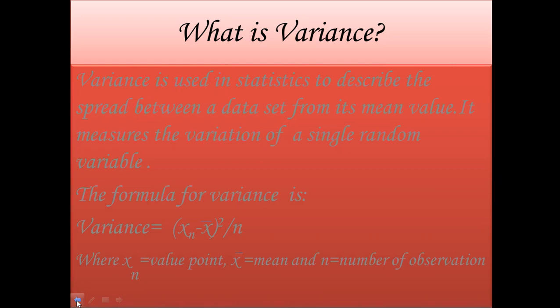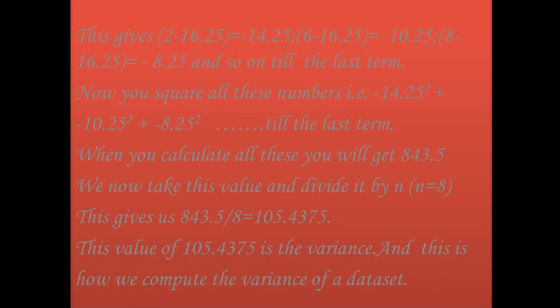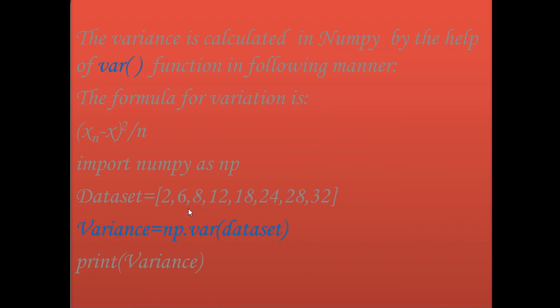For variance, I showed you first how to calculate the mean, then how you subtract the mean from the x values, and then how it is actually calculated. This is the main thing regarding variance.